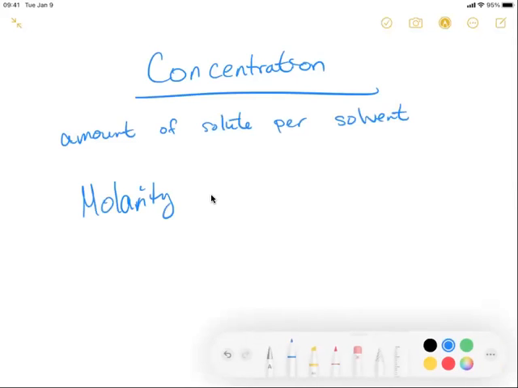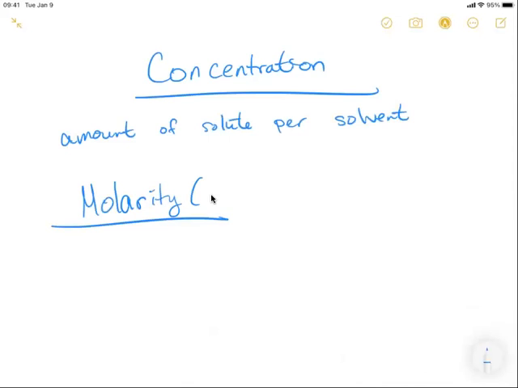Let me fix that because the only difference between the two is whether there's an R or an L. Molarity is abbreviated with a capital M, and you have molality with an L, which is abbreviated with a small m.